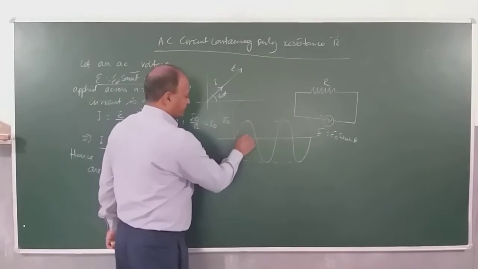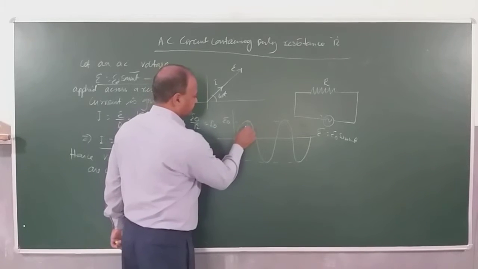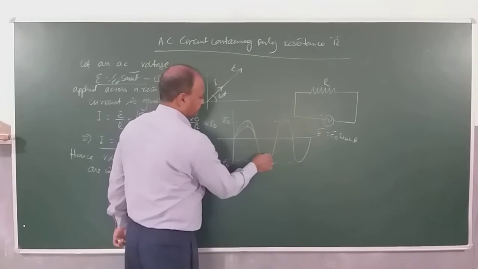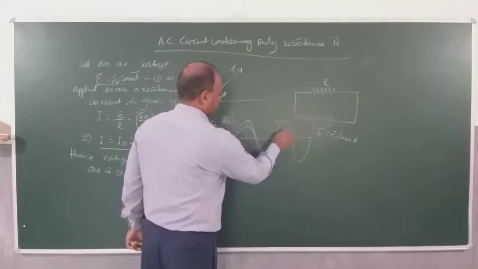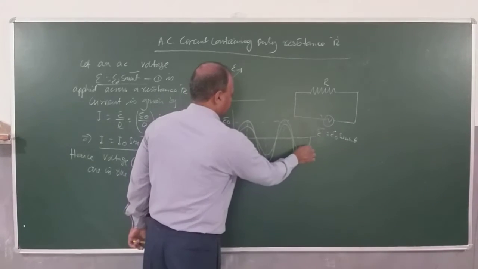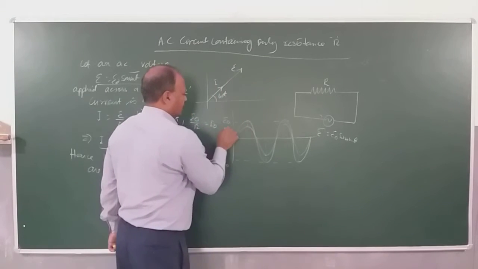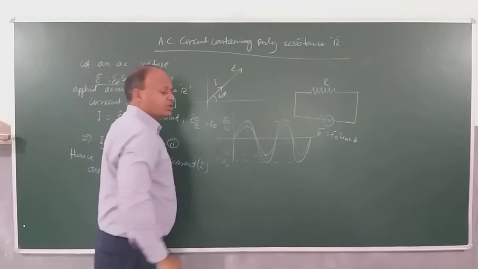Now current is in the same phase, so this will be current. Again here, so this is I0 and this is minus I0.